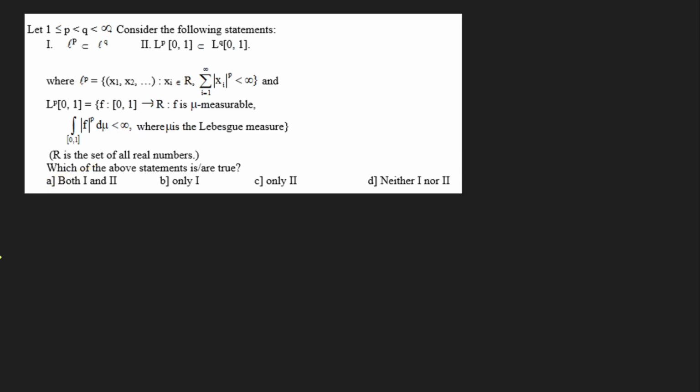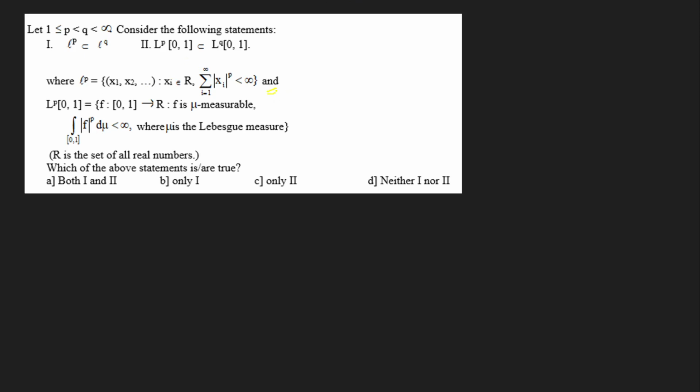So we have been given this question here. It says that p and q lie between 1 and infinity, and we have some statements here that small l_p is a set of all elements where the summation of |x_i|^p from 1 to infinity is less than infinity, right?